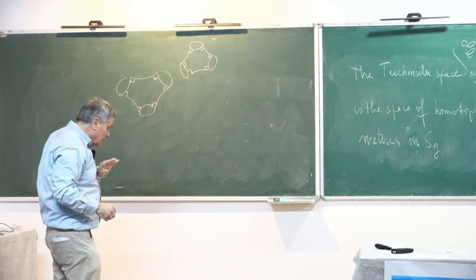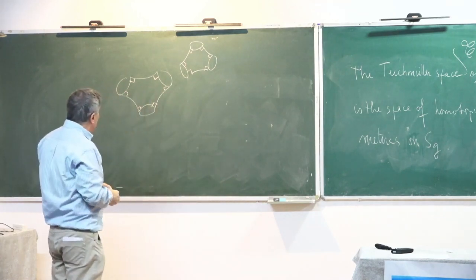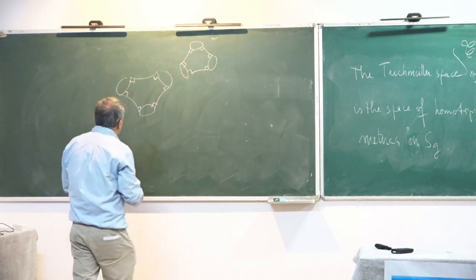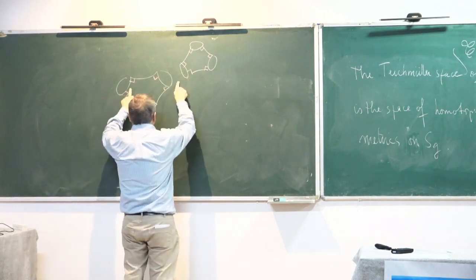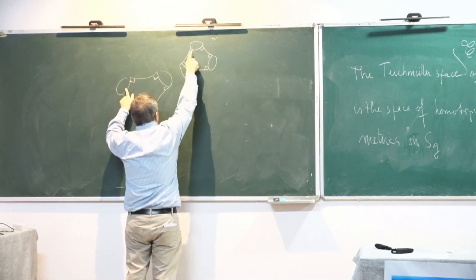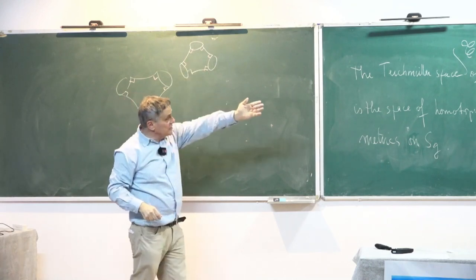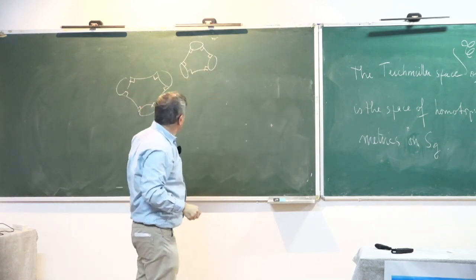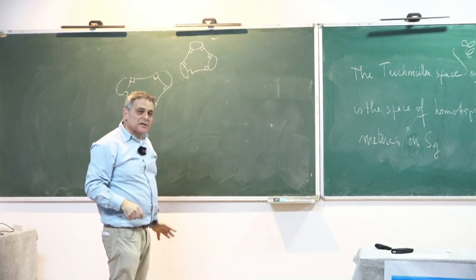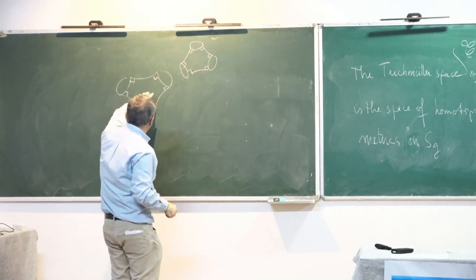So I have these parameters, and suppose I glue this one with this one, and this one with this one. I get a closed surface of genus 2. And now in this closed surface of genus 2, I use these hexagons and so on.